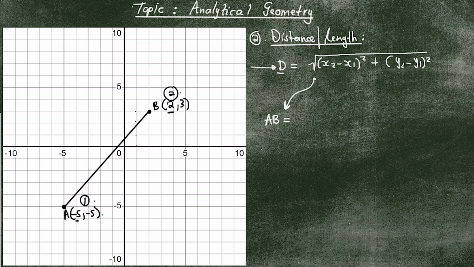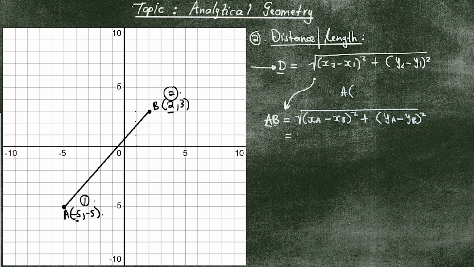Okay, so I find it easy if I do it like this, right? I'm going to do it like this: x A minus x B, square this. In each and every bracket I start with A and subtract B, same thing I did with the gradient. Then we add, then we're going to have y A minus y B, square this, then you substitute again. All right?